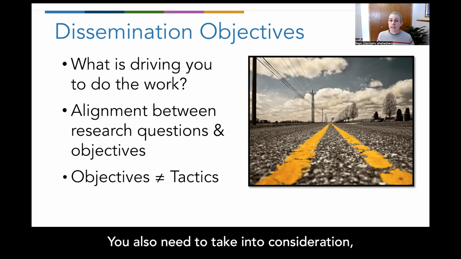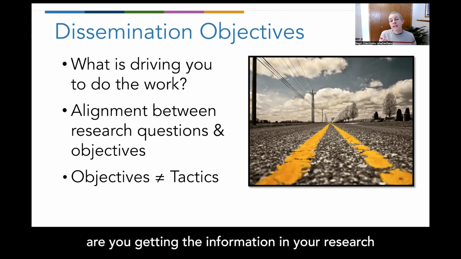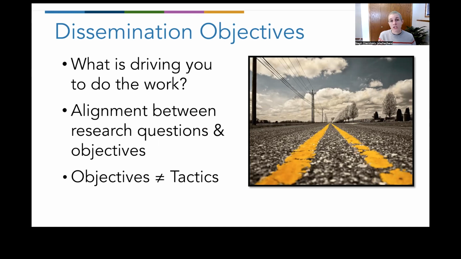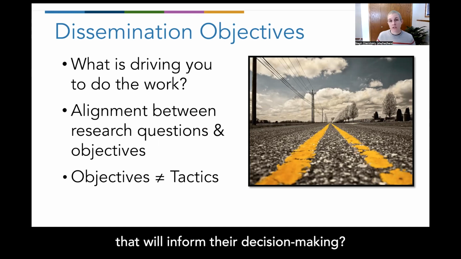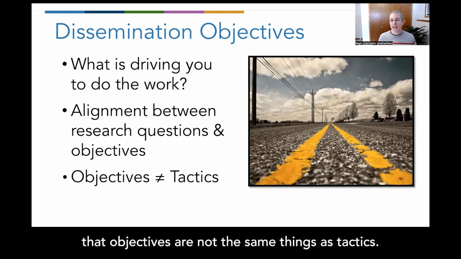You also need to take into consideration, are the folks that are going to help you reach that objective, so in this case, policymakers, are you getting the information in your research that they actually care about, that will inform their decision making? And so there is a lot of connection between your research questions and your objectives, and both should inform the other.